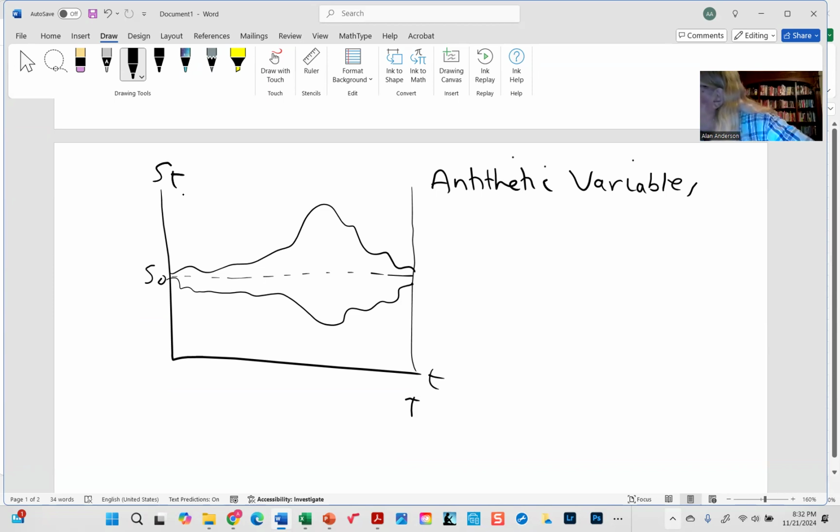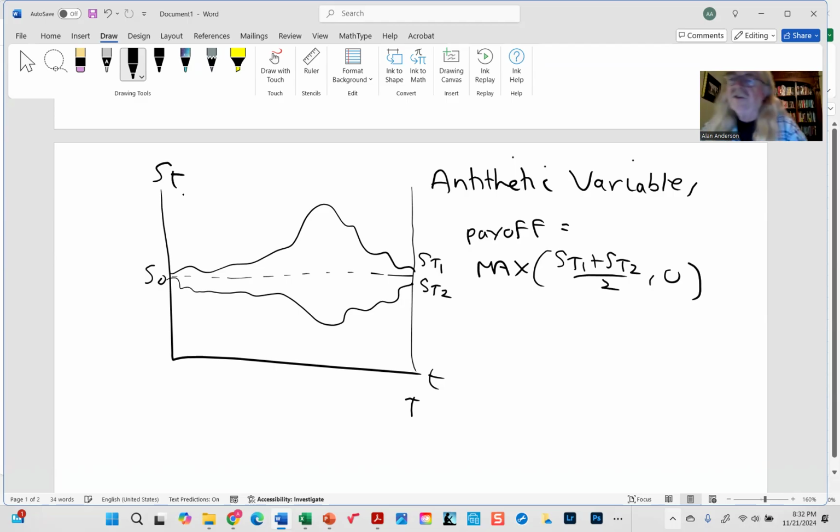We'll call these ST1 and ST2, and the payoff is based on the average of those two. Then, just like with regular Monte Carlo simulation, you do this many, many times. You have a probability distribution, and you discount it back to the present.